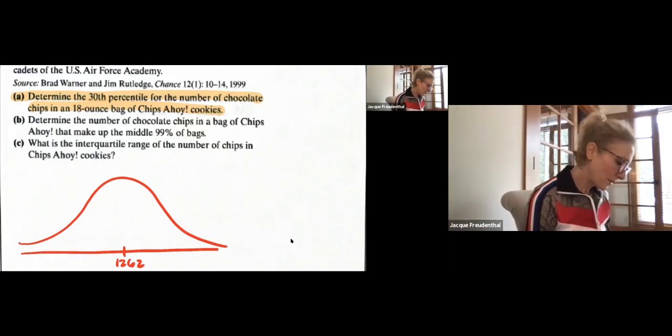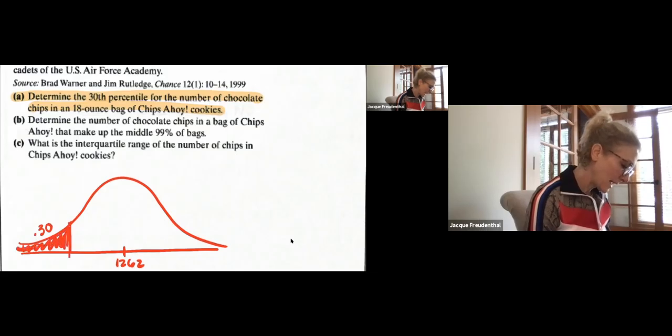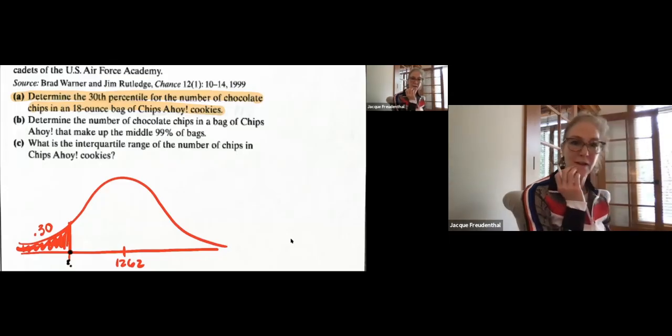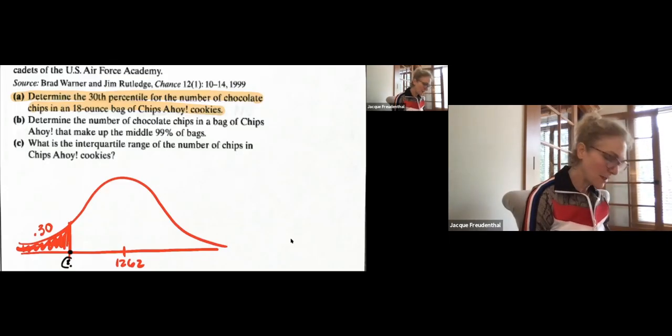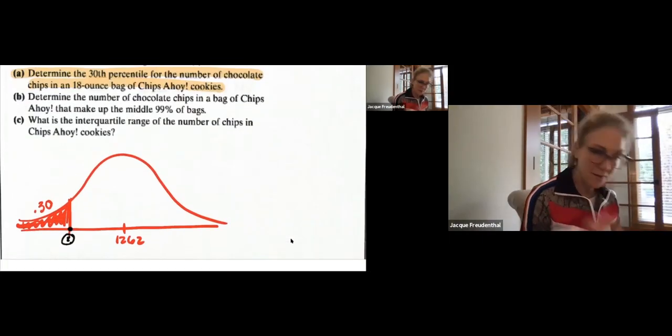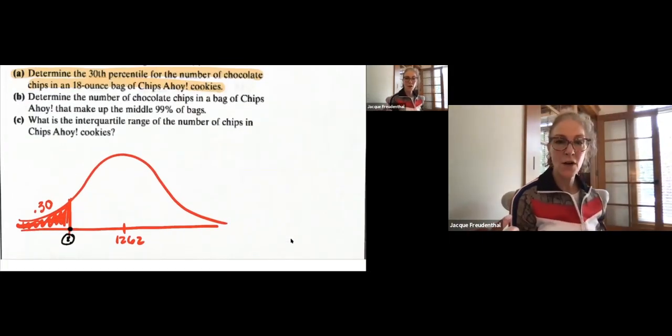But I know 30th percentile, I know this area right here is 0.30. So the area for the 30th percentile would be to the left. And I'm trying to find out what is this location on my number line. That's my question. What is that location on the number line? So we can either do the inverse norm on the calculator, or we can go into StatCrunch.